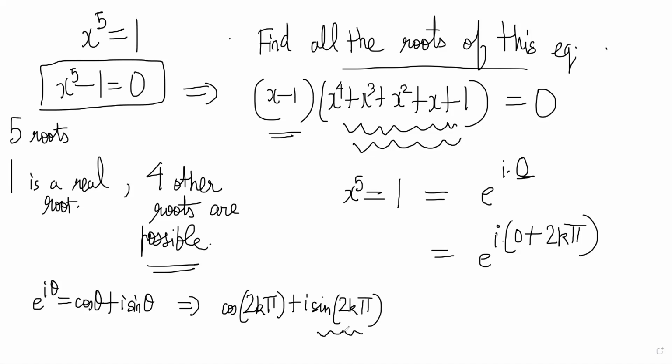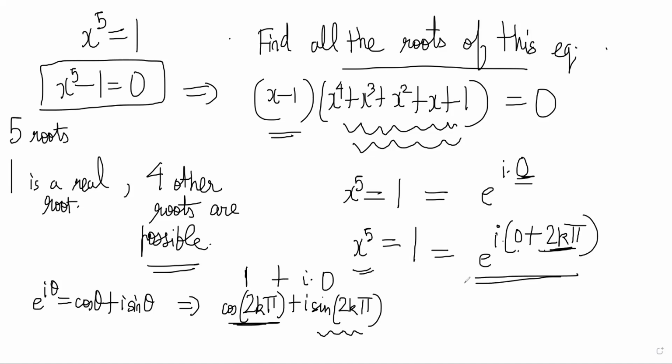For any multiple of pi, sine theta will be 0. If it is an even multiple of pi, cos theta will be 1; if it is an odd multiple of pi, cos is minus 1. So we are saying that I don't want to write e power I 0, I want to write 0 plus 2k pi, because that doesn't change the value. It is still 1. Now I'll write x power 5 is equal to this.